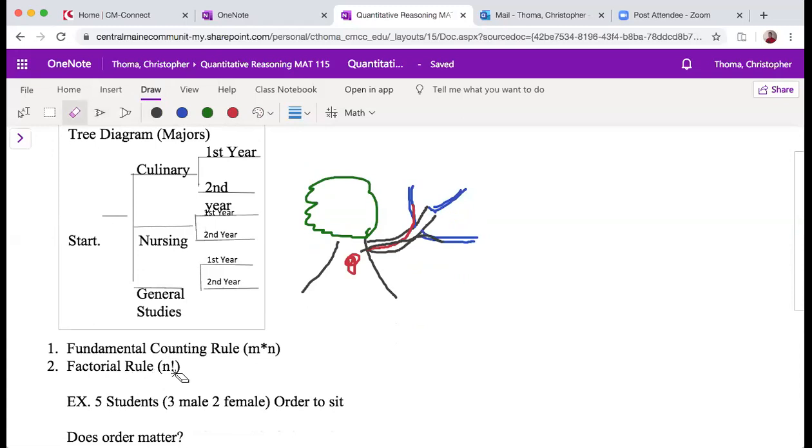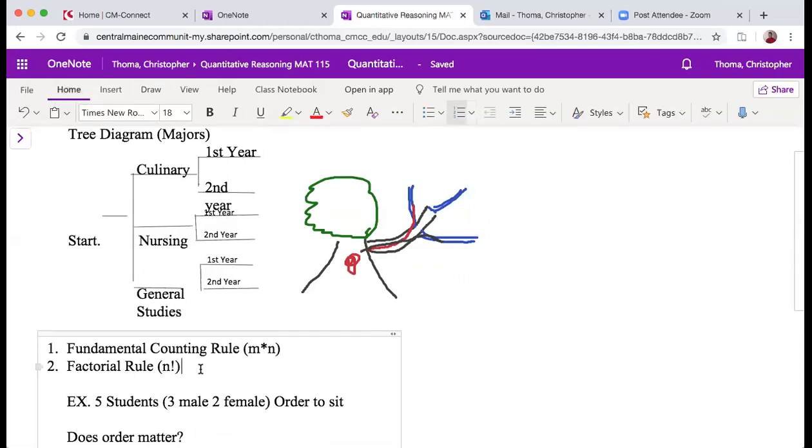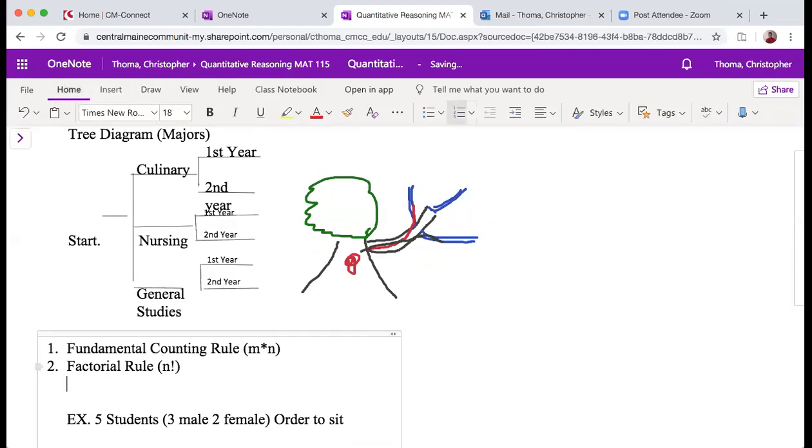My factorial rule is this little symbol. If I have 5 factorial, then that means I do 5 times 4 times 3 times 2 times 1.